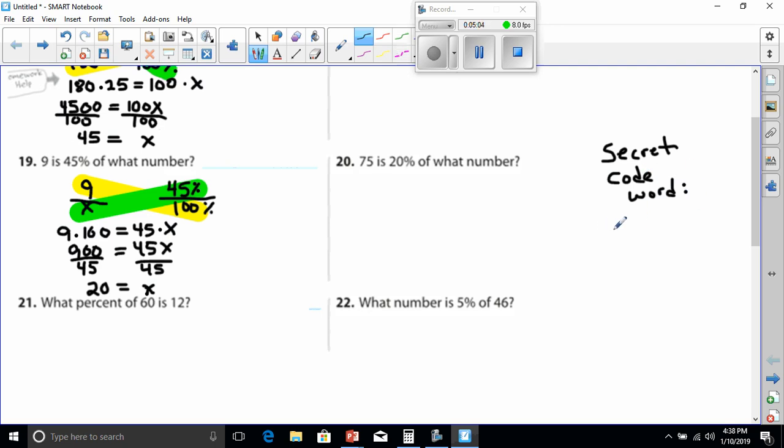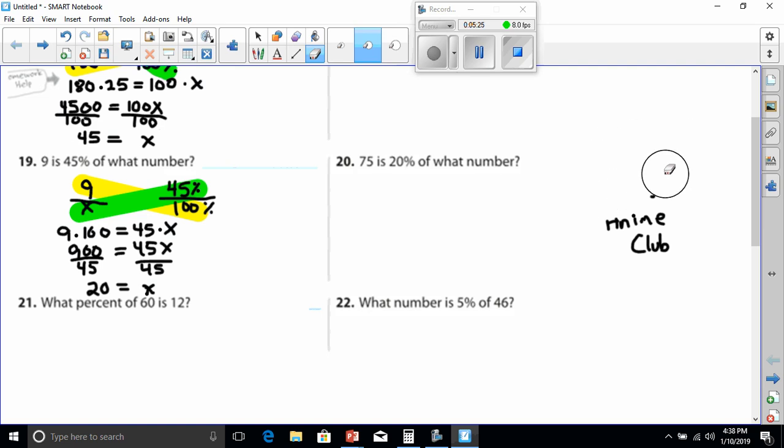So I'm going to go ahead and put the secret code word is Anime Club. All right. If you write this on your homework, you'll get a treat tomorrow when you come in. So now I'm going to erase it so no one should be able to see it, except for the people that actually do the homework.